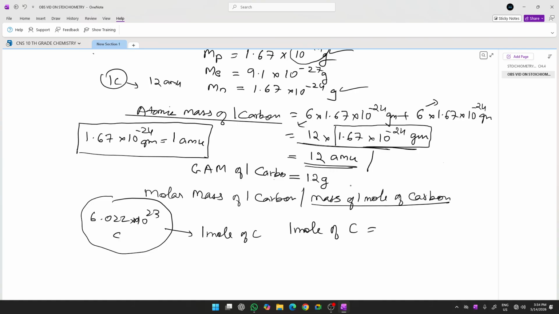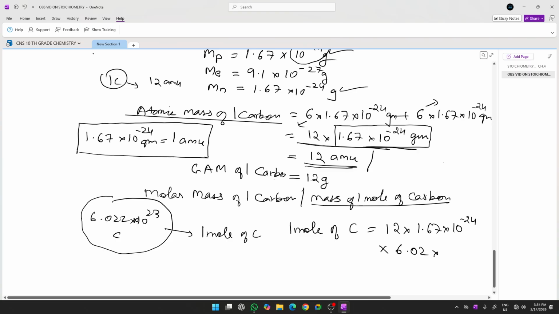So 1 mole of carbon will be how much? Now see, 1 atom of carbon weighs 12 into 1.67 into 10 raised to minus 24 grams, right? This is the mass of one carbon atom. But if you multiply this by 6.02 into 10 raised to 23, this total will give you the mass of 1 mole.